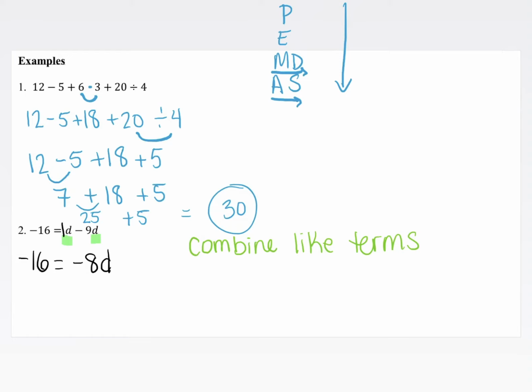Now, in order to solve for d, we want to get rid of this negative 8 here. So we're going to use the division property of equality, because what we do on one side, we have to do on the other side.